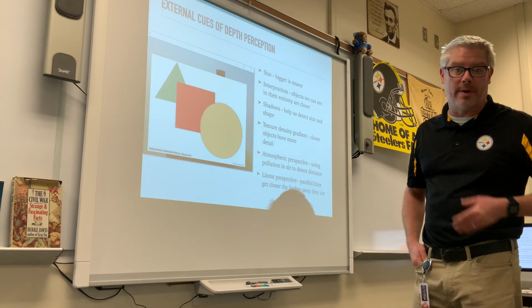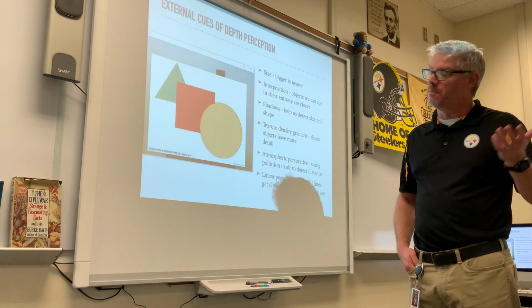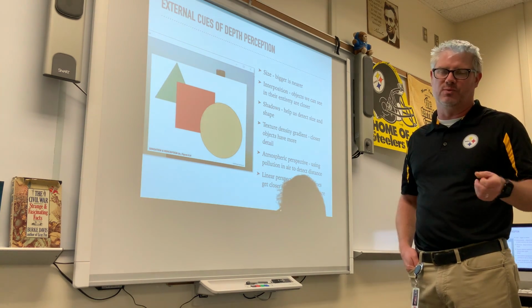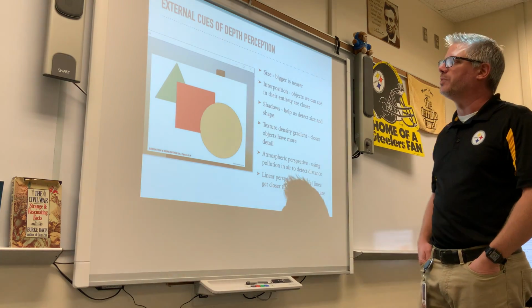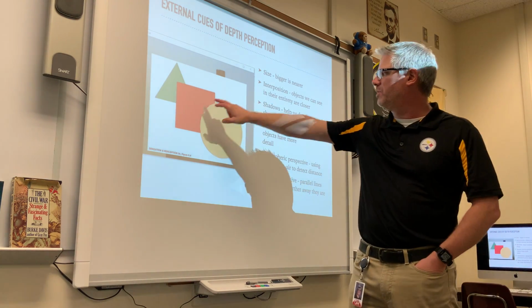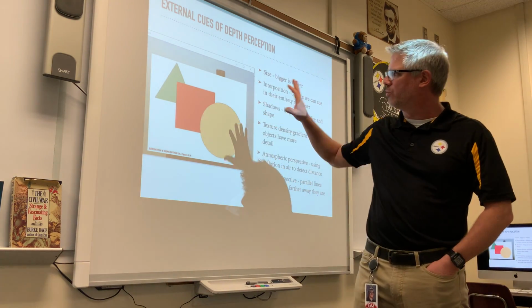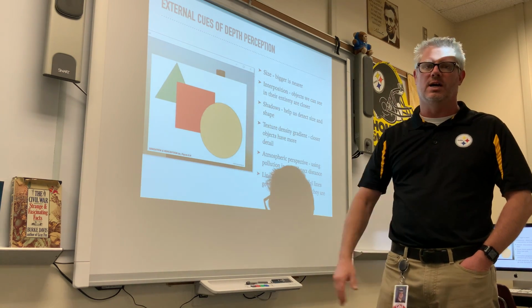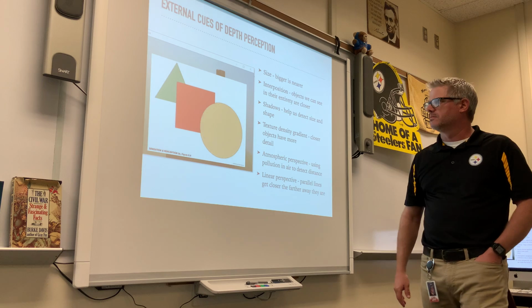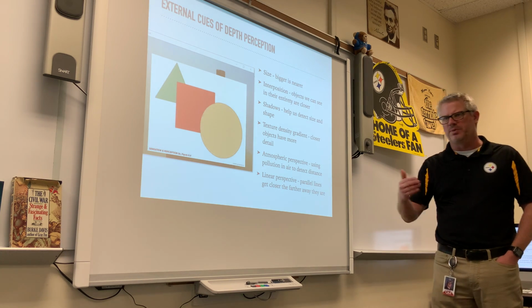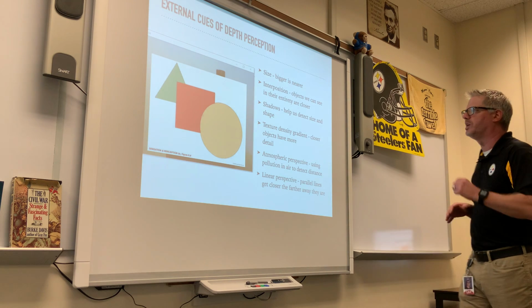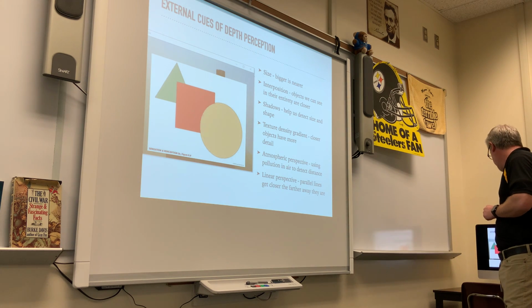Obviously this is a two-dimensional image, but our brain can perceive which one of these shapes is the closest and which one is the furthest away based on their interposition. The only one that we can see in its entirety is the circle. Our brain knows that that circle has to be closer to us than those other shapes. We do that all the time when we're looking down busy streets, or down the hallway. We can use interposition to determine depth.